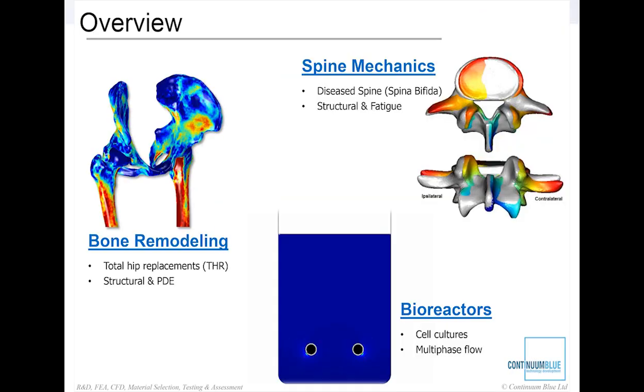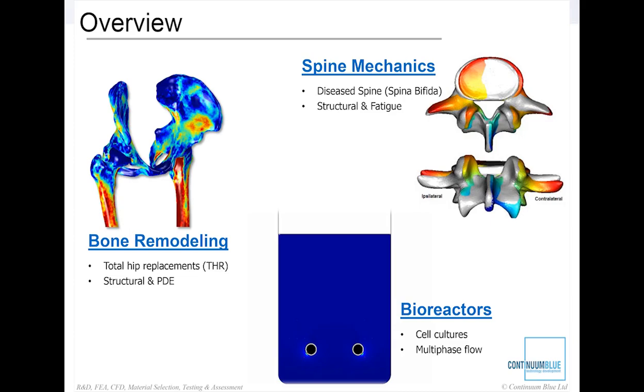Just to give you an idea of the sort of topics I'm going to touch on today, and just remember that all these topics, the simulation work has been done in COMSOL. On the left-hand side there, we're going to start off by briefly going through some bone remodeling work, which involves a total hip replacement, and that involves structural and partial differential equations.